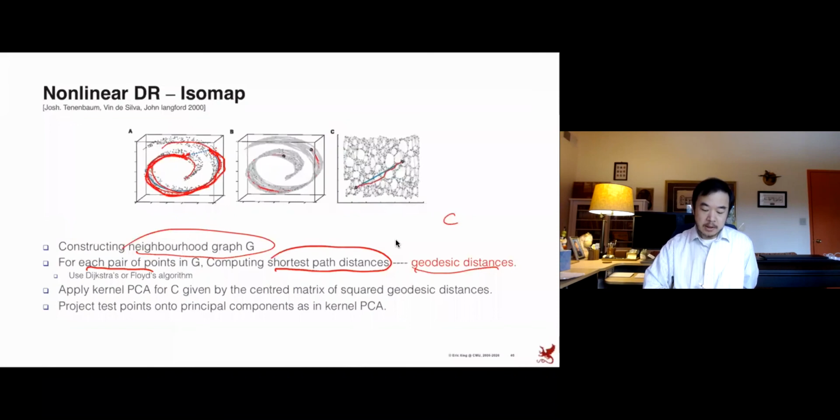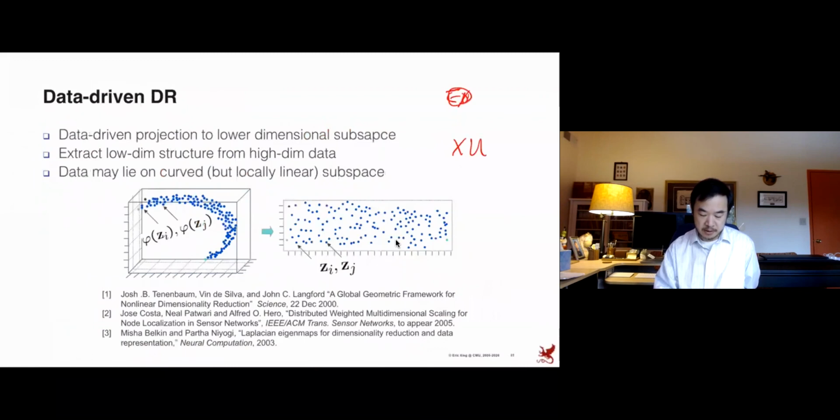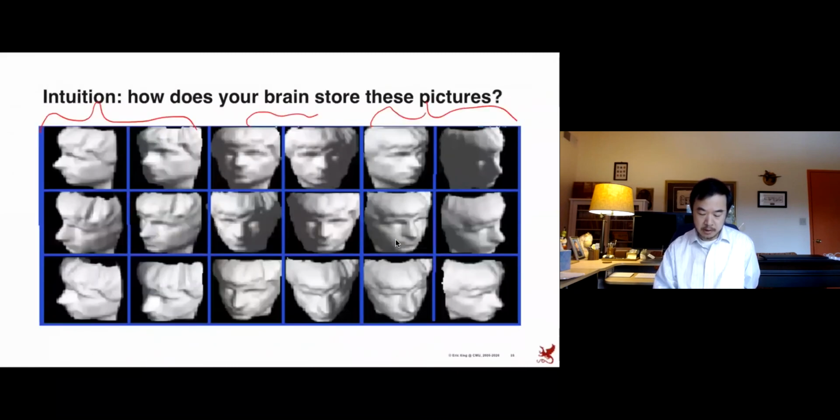Right? So in computer vision, people believe that, for example, the head pictures I just mentioned here may actually be entities that are living in a manifold instead of living in the Euclidean space of pixels.